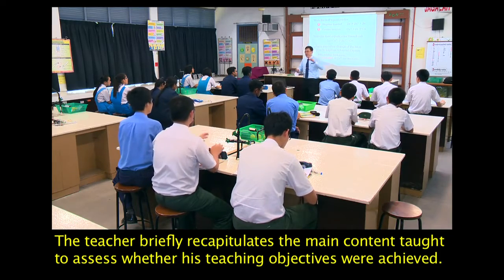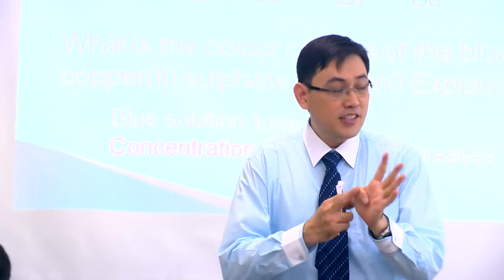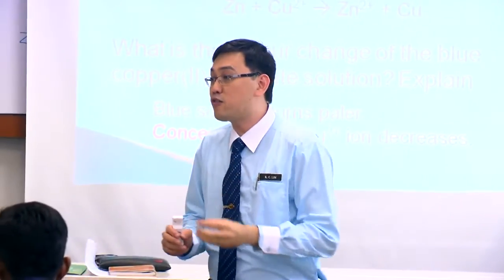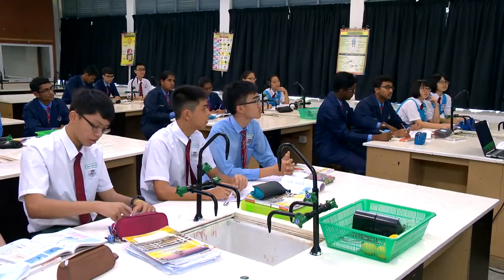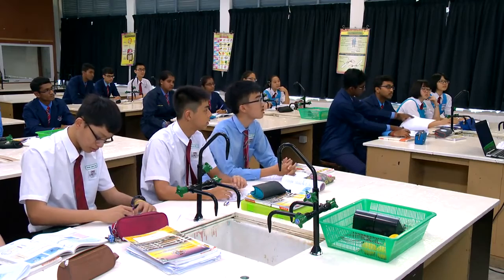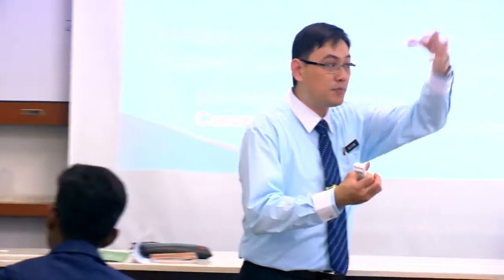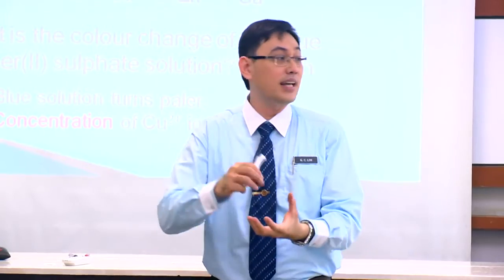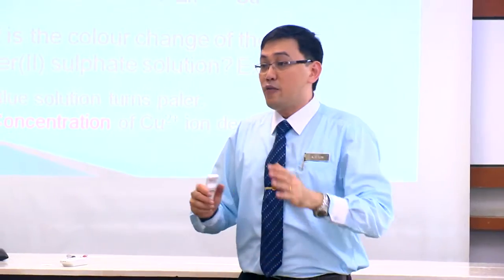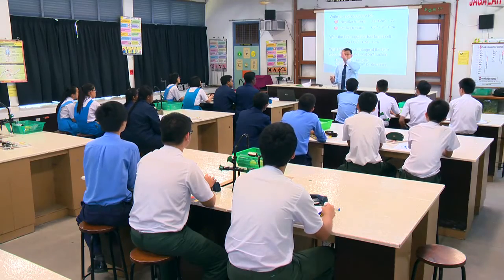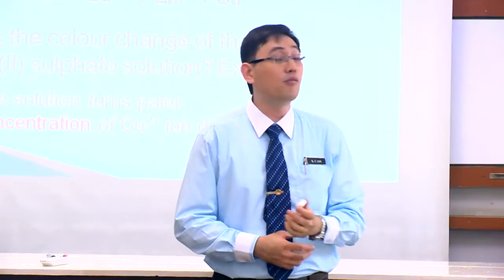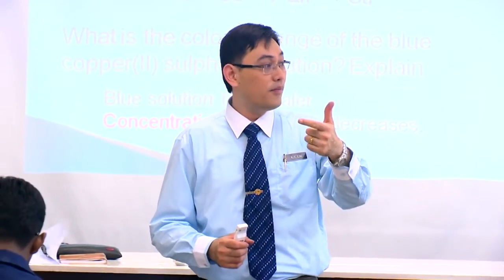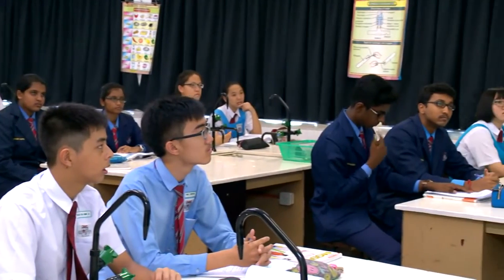So what we learned, try to recall. First, for a voltaic cell, what are the conditions we must have in order to form it? Correct, two different metals, and these two different metals must be placed inside the electrolyte. Then we have three phases to understand the concept behind the voltaic cell. Number one, the metal located higher becomes the negative terminal.